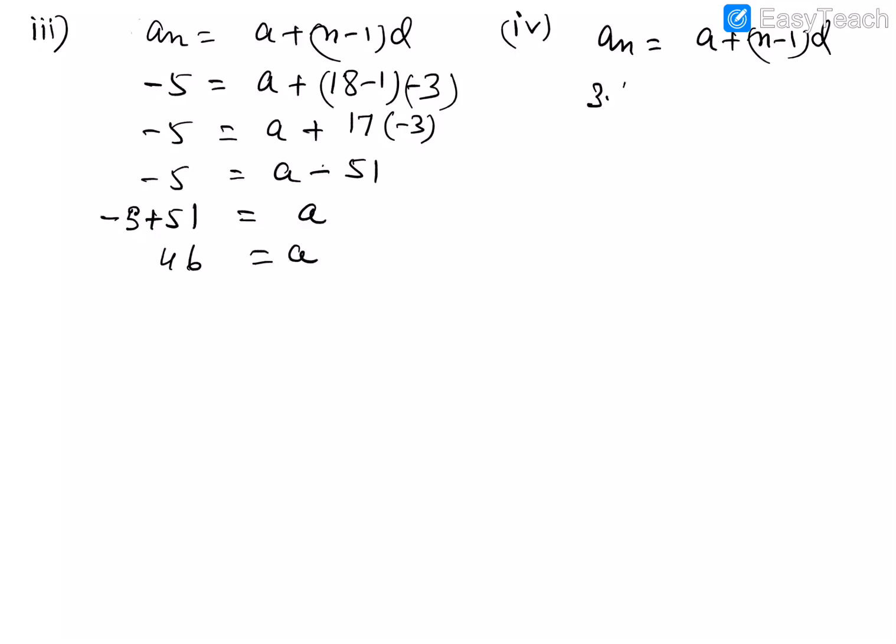So an is 3.6, a is minus 18.9 plus n minus 1, where n is to be found out and d is 2.5. So this becomes 3.6 plus 18.9 is equal to 2.5n minus 2.5.